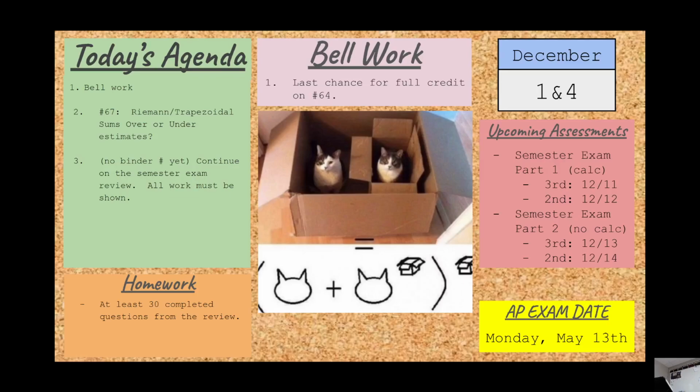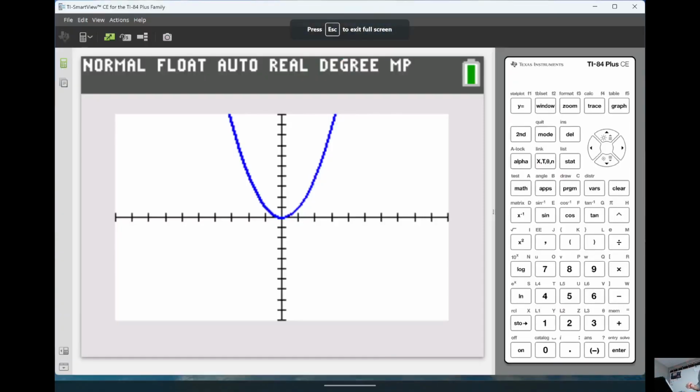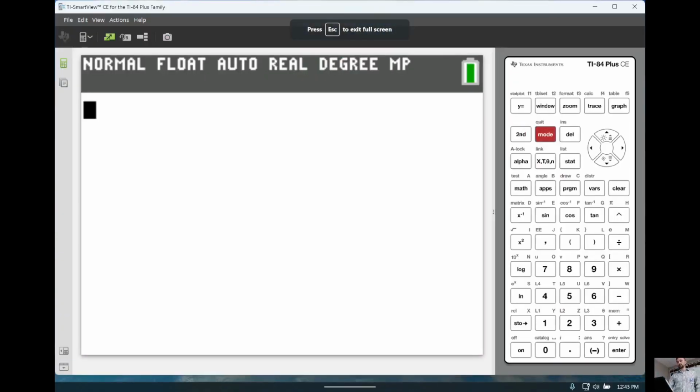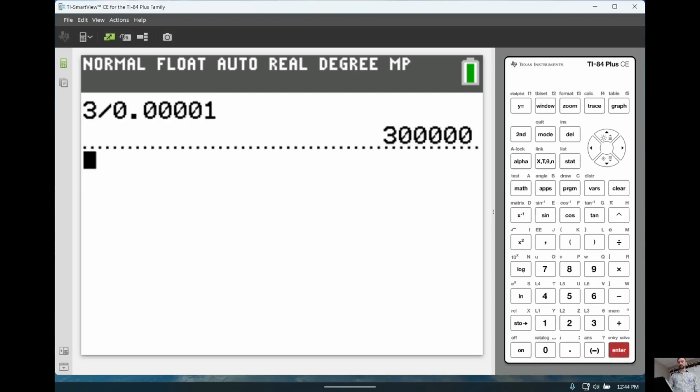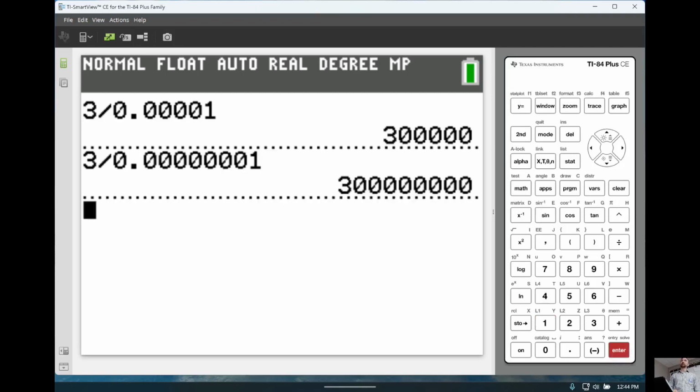With a calculator, it's 3 over something that goes to 0. Obviously you can't put in 0 because that's going to give you an error. But you could put in a number close to 0. See how big that is already? It's approaching, it would never be 0, but you can make it even closer to 0. It's going to infinity.